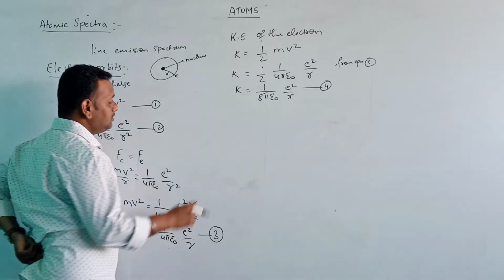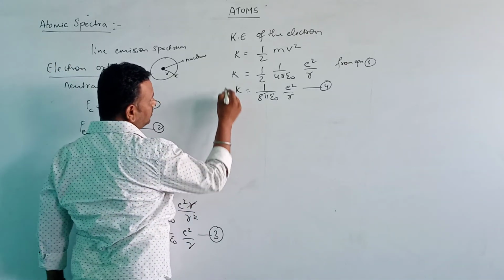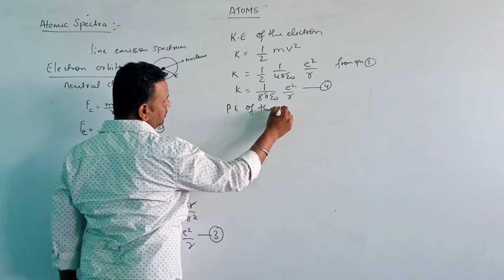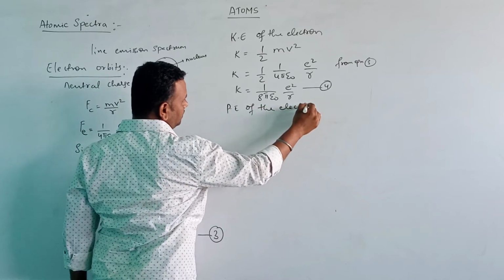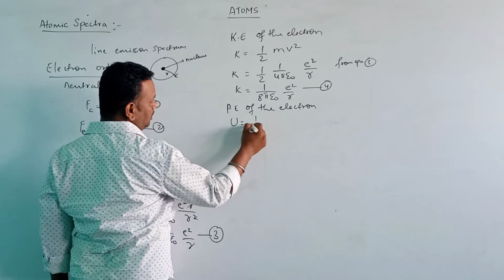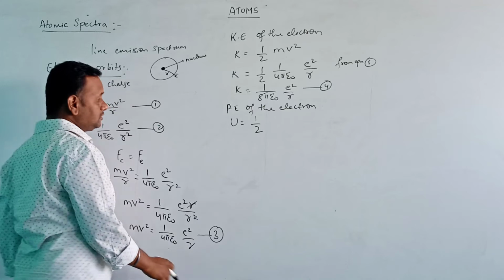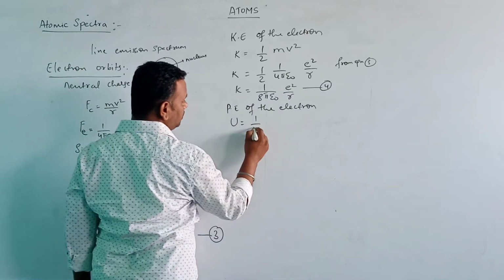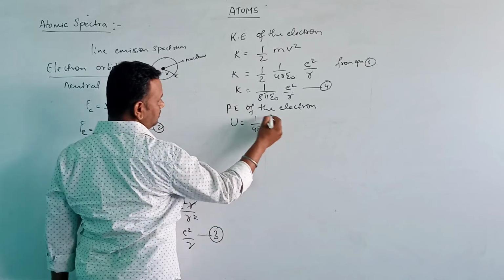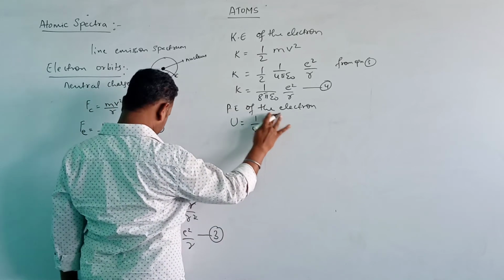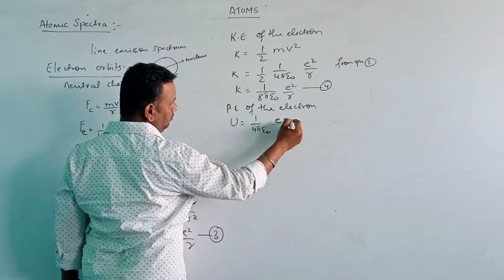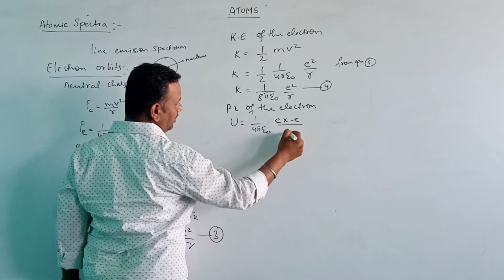Next we have the potential energy of the electron. Potential energy is given by U equal to 1 by 4 pi epsilon naught into e into minus e divided by r.